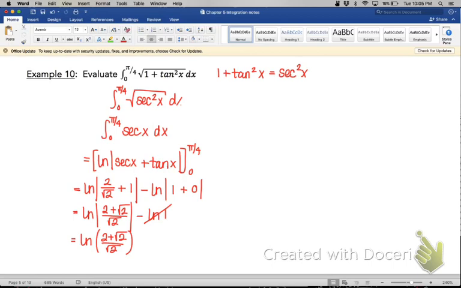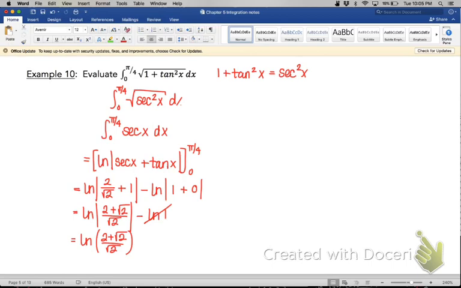You need to know your quotient rules. Tangent is sine over cosine, cotangent is cosine over sine, and you need to know your double angles, like sine of 2 theta is 2 sine theta cosine theta, and you need to know your Pythagoreans, and you need to know them in all forms, not just sine squared plus cosine squared equals 1. That is not the only one that you need, okay?